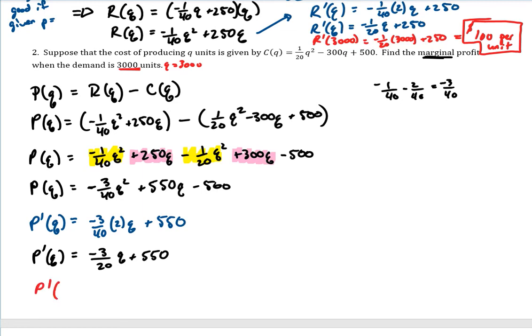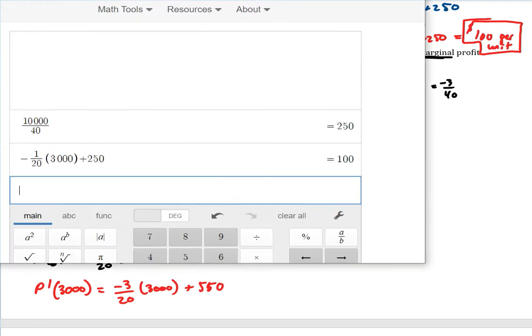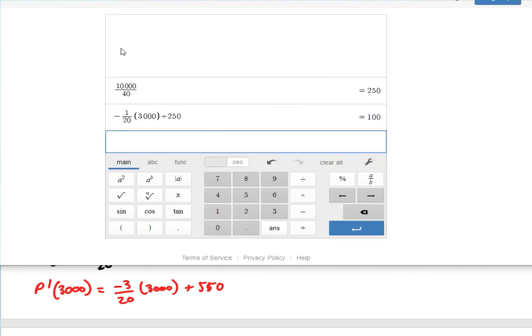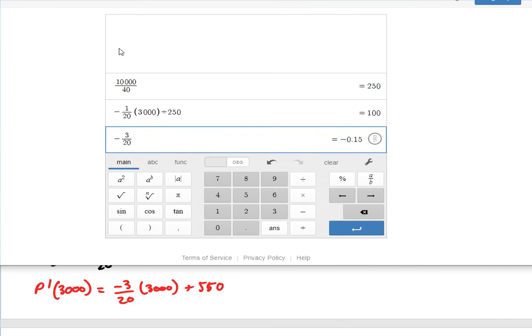All right, so we have P prime of 3,000 would be negative 3 over 20 times 3,000 plus 550. Okay, and then I'm going to use my calculator again at this point to help us along. So we've got negative 3 divided by 20, and then parentheses 3,000, parentheses, plus 550.